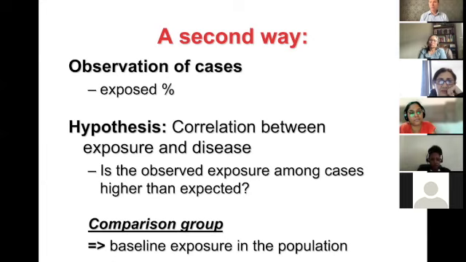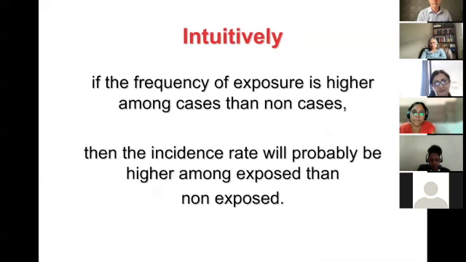So are cases more often exposed than a comparable control group? This comparison group is needed. It gives us the baseline exposure in the population. Some people still are exposed, but are those who got ill more exposed than those who stayed healthy? This is the idea. So intuitively, if the frequency of exposure is higher among the cases than non-cases, then the incidence rate will probably be higher among exposed than non-exposed.